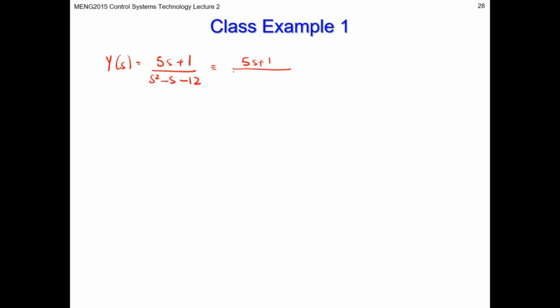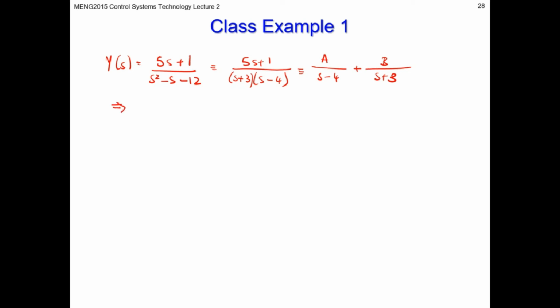So you're going to have s plus 3 and s minus 4 here. So this is equivalent now to a over s minus 4 and b over s plus 3.